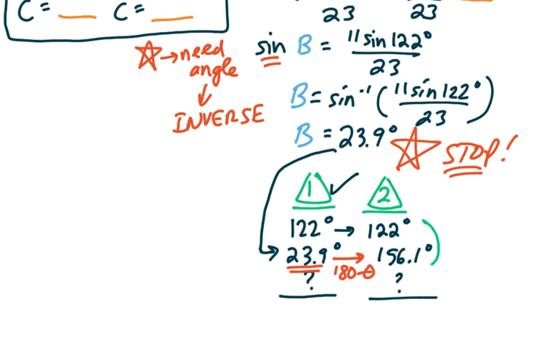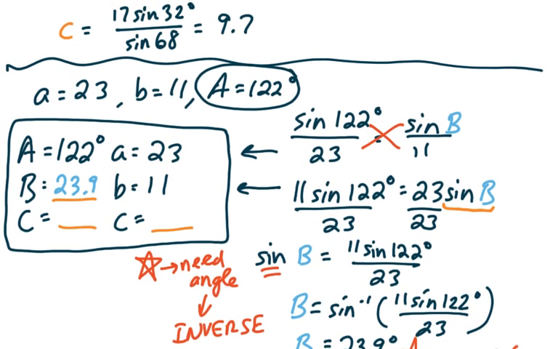No, you notice that 122 plus 156.1 is greater than 180 degrees already, and that's only two angles. So there's no chance of a third angle. That means there's no chance of a second triangle. So how many triangles? Just one. That's great. So you only have one triangle to search for. If by chance there was room for another angle, then we would have another triangle too. But for this one, no, we're good. So this is an SSA case with just one triangle.